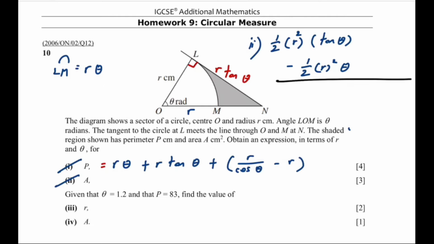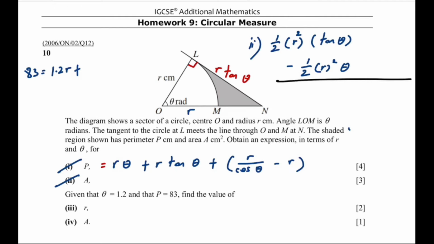Now we have all the values. Simple, just sub in 1.2 and P equals 83. We just sub in and then we find the value. Let me write it off. P is 83, so 83 equals r theta, r is 1.2, 1.2 r plus tan 1.2.